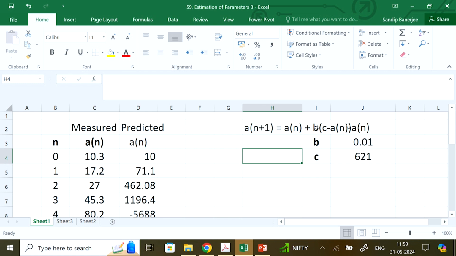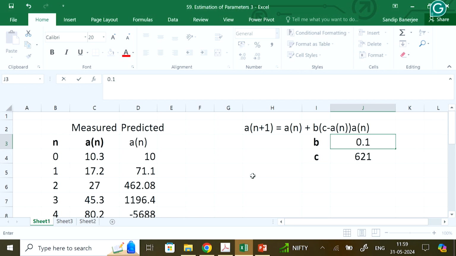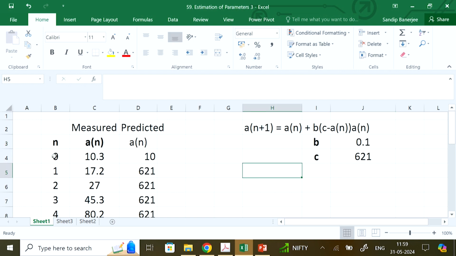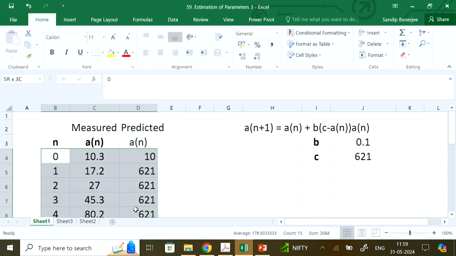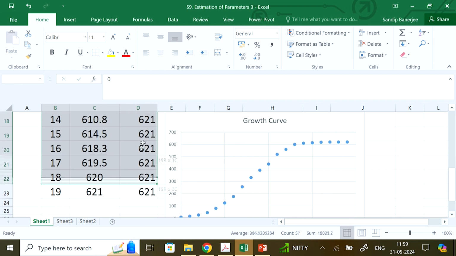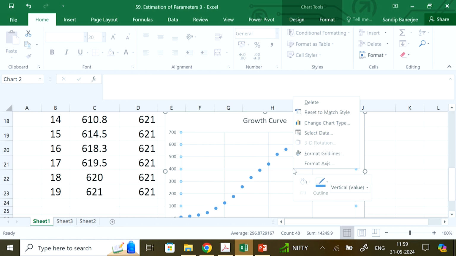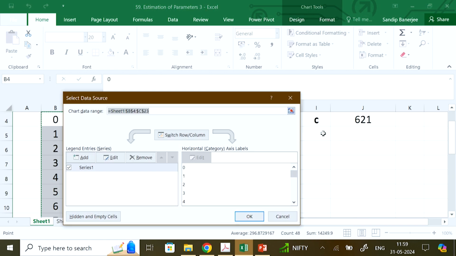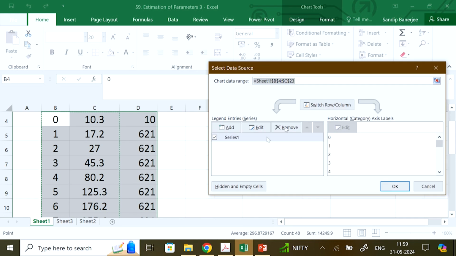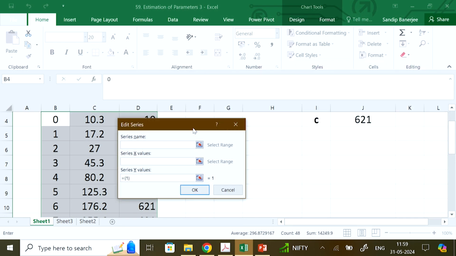Let's now plot these values first. I have to come here, select data, and add data.